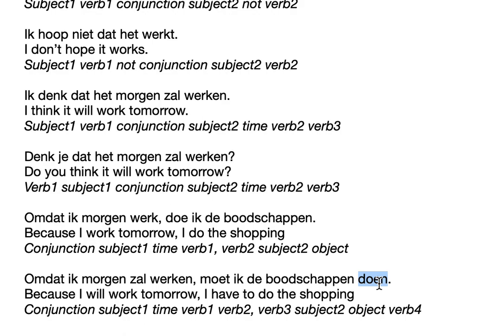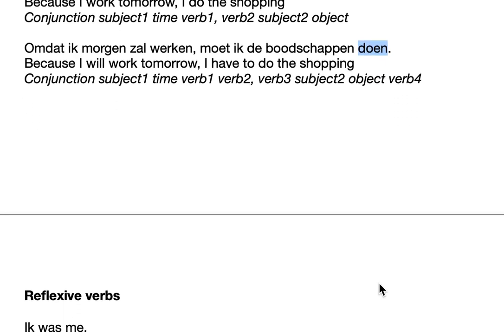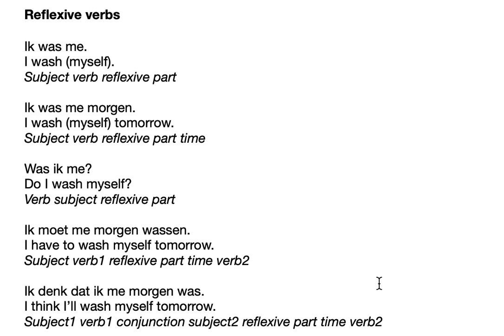Let's go to another chapter about the Dutch word order. And again, there's a video about reflexive verbs in the description, so you can learn more about reflexive verbs. In short, some verbs use ik was me, I wash myself. In Dutch, this is compulsory if you want to talk about washing something, so you have to add myself here. Well, it's not compulsory, but it's better to use it.